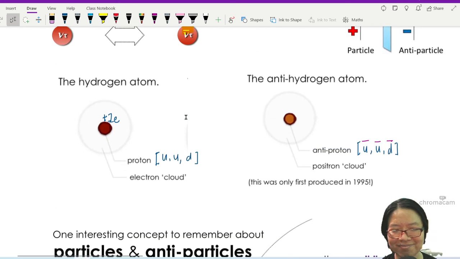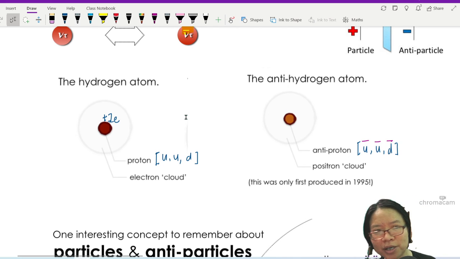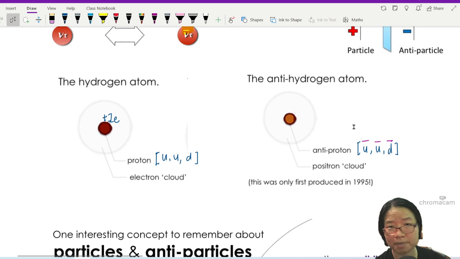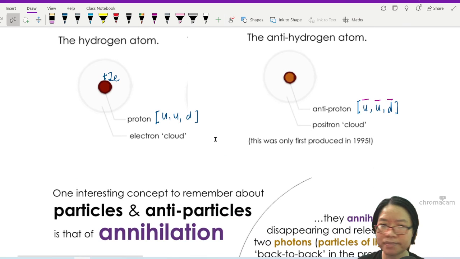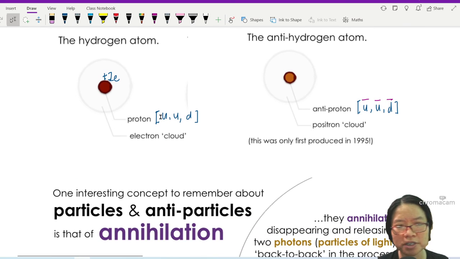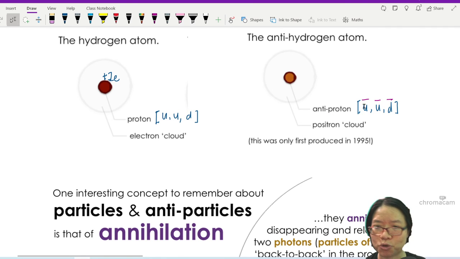So for every particle, there's an antiparticle. For example, for hydrogen, there's an anti-hydrogen. And for example, the proton here will be up, up, down. So the anti-proton will be anti-up, anti-up, anti-down. If there's an electron cloud, here there will be a positron cloud. Okay, and these are just theoretical. We produce this inside the Large Hadron Collider.